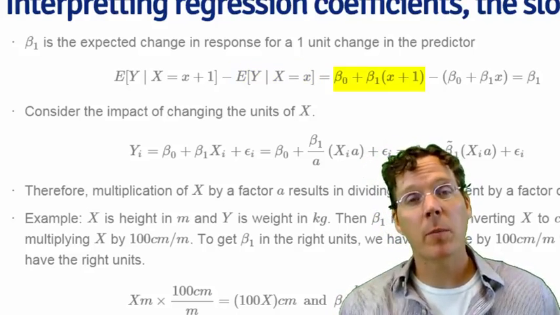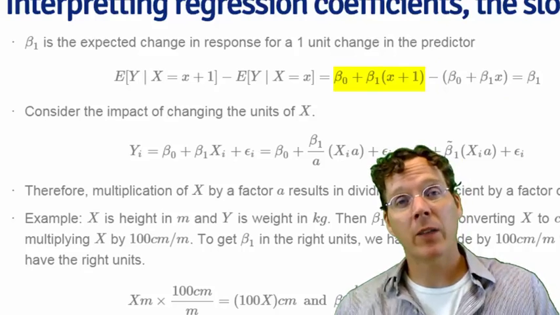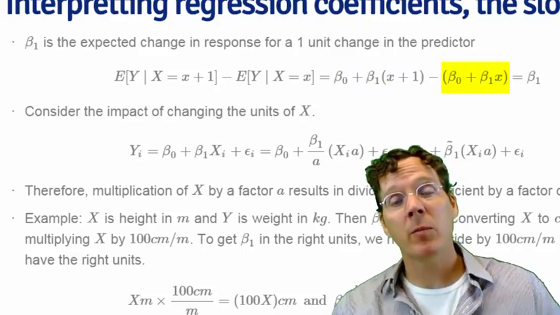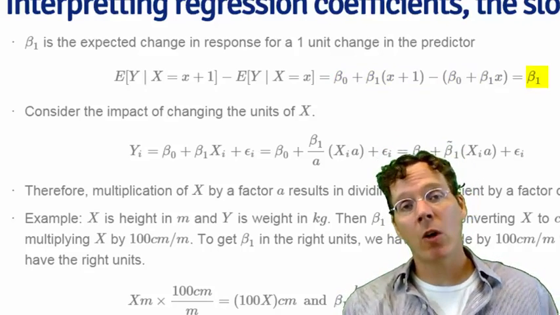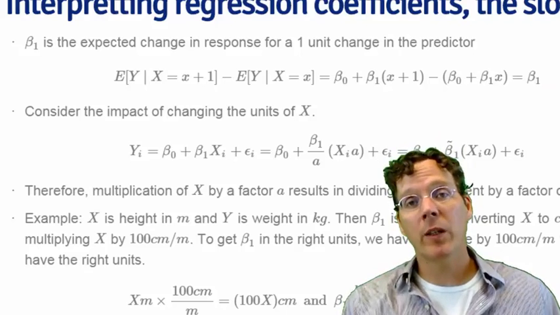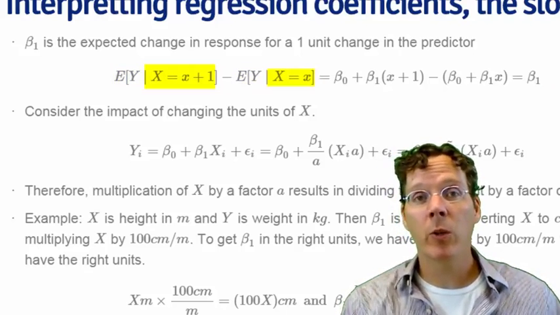Well, that works out to be beta naught plus beta 1 times x plus 1 minus beta naught plus beta 1 times x. Do the arithmetic, and that works out to be beta 1. So, beta 1 is the expected change in the response per unit change in the regression variable.